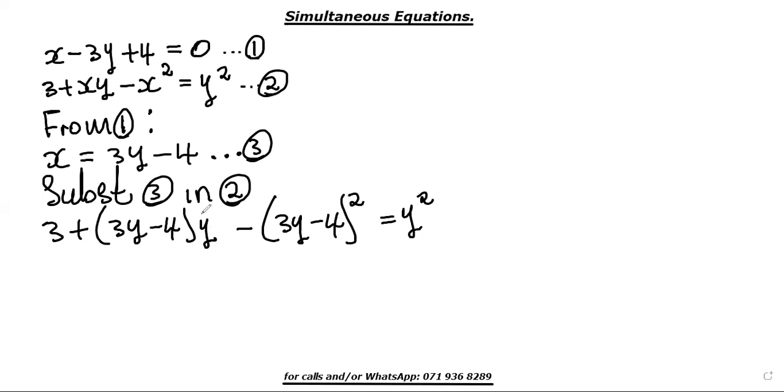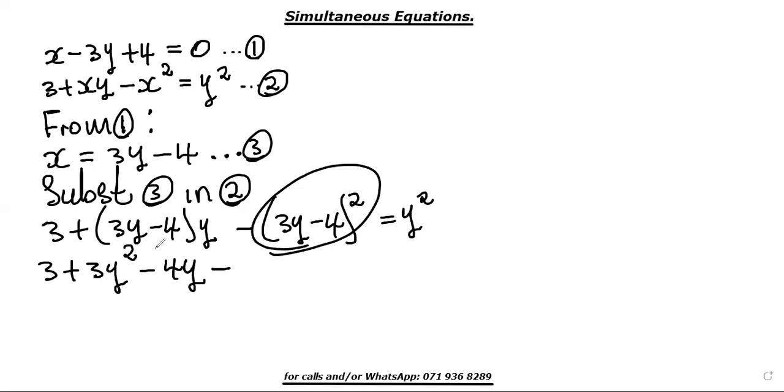Fine. Then we distribute the y here. So we have 3 plus 3y times y. We get 3y squared. And you say negative 4 times y, you get negative 4y. In order to be safe, let's use the FOIL method here.